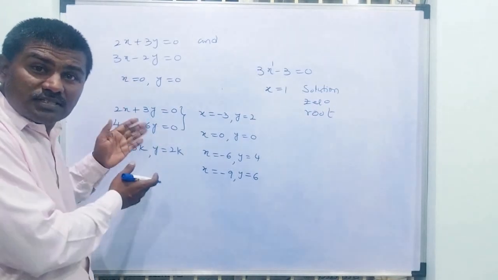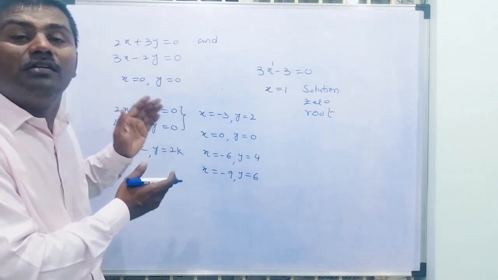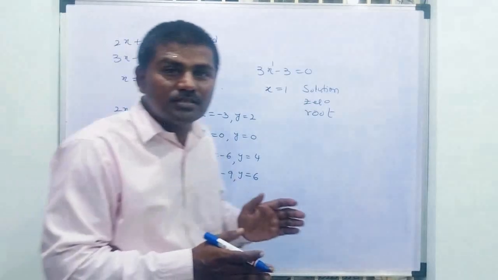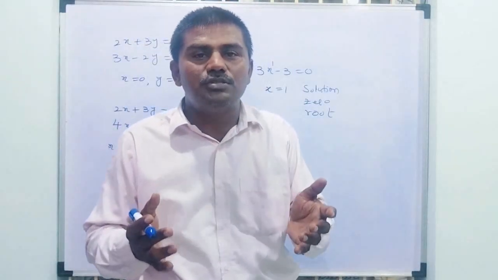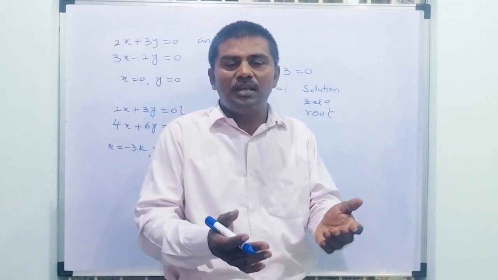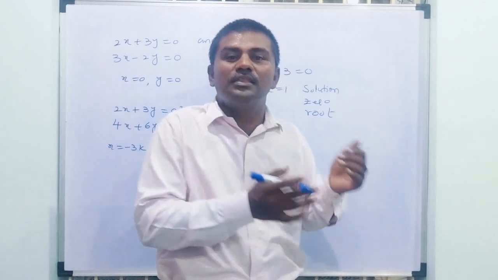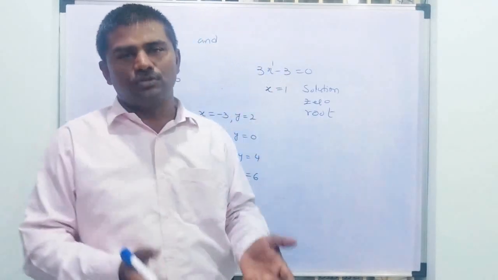That means the system will have infinitely many solutions. These are called non-trivial solutions because these are not equal to 0. When x equal to 0, y equal to 0, it is a trivial solution. Except the 0 solution, if the system has a solution, that is called a non-trivial solution.